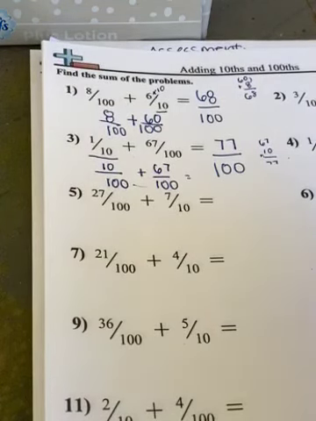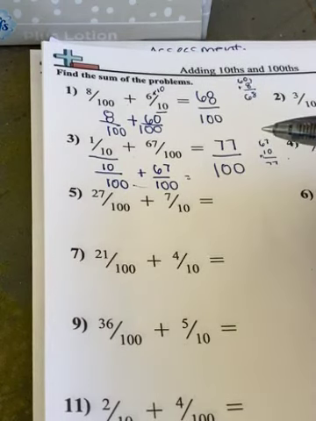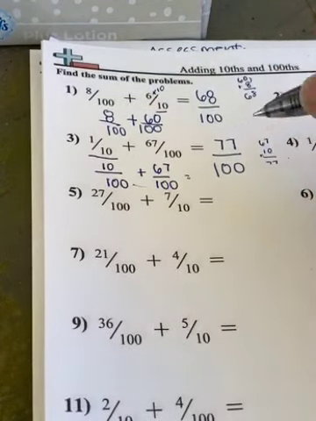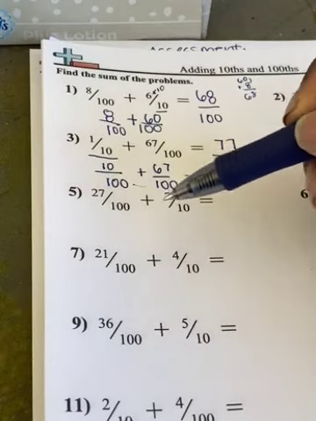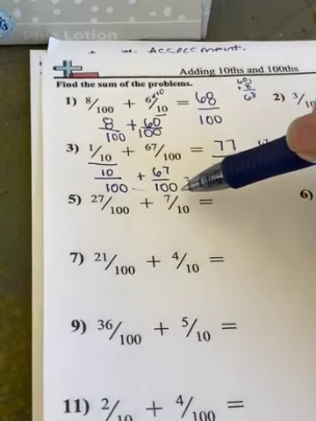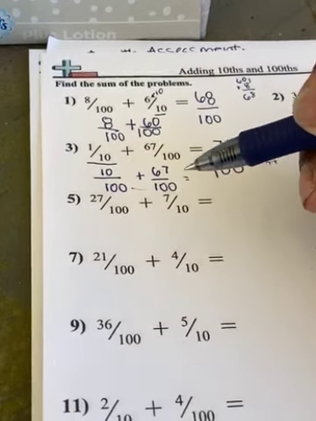Okay, and for this one, I'm going to show you my little trick that I've learned to do anytime I'm adding tenths and hundredths. So again, I look at my two fractions that I'm adding together, 27/100ths and 7/10. I want to change the fraction that has tenths.